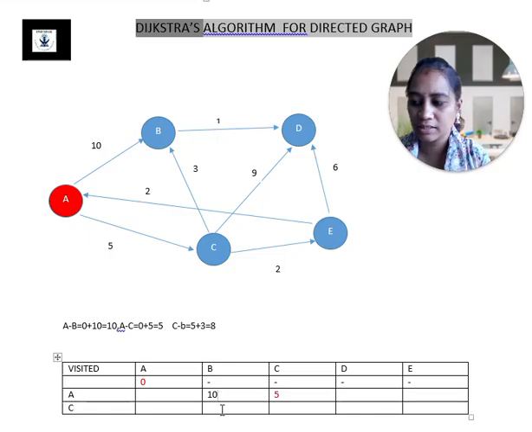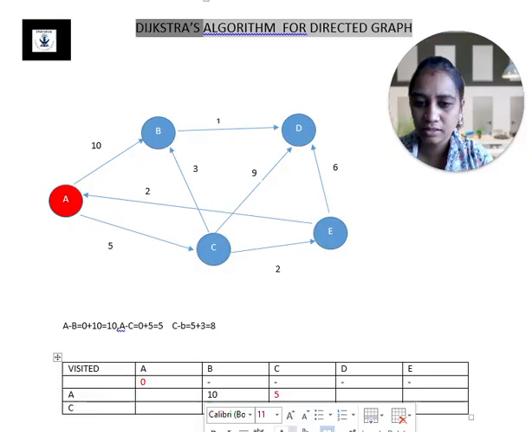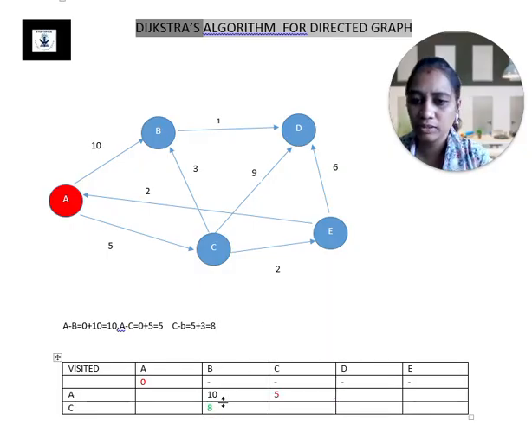That means 8 is less than 10, so update this table. I'll make this green so you can understand it is updated from 10. Now the B value we have to consider as 8, because the previous value was more and now it is less. Since we have to find the shortest path, we consider this. Now C to B is done.